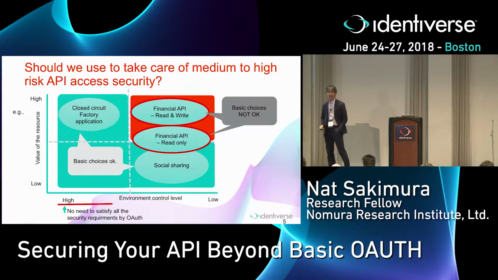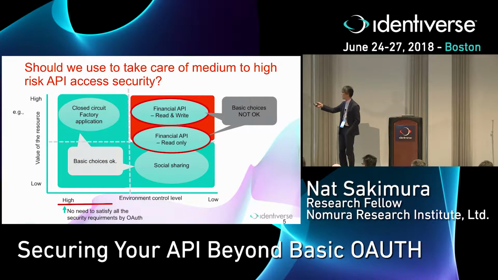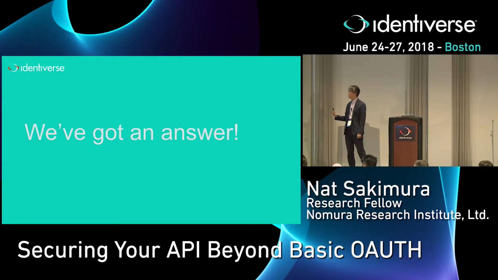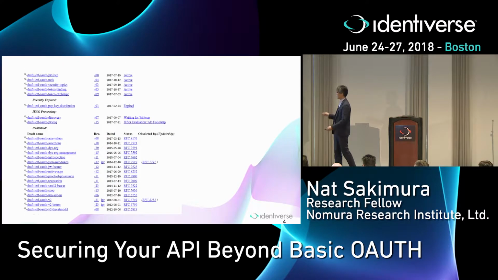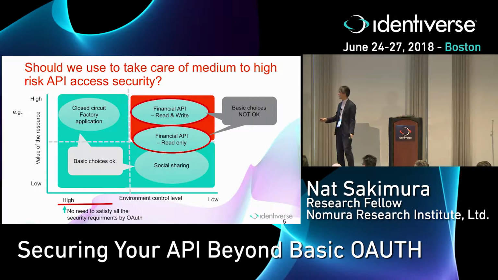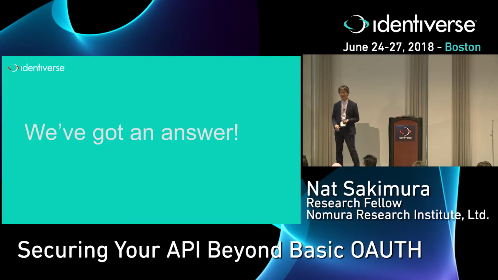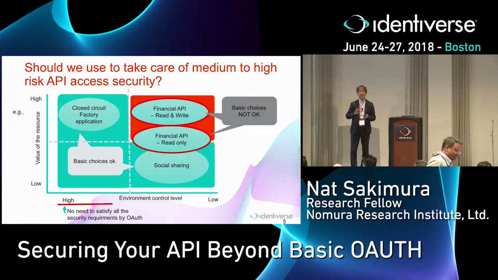In this diagram, I have depicted the horizontal axis as the high to low environmental control. On your left is the high environmental control, like in a closed circuit system. On your right, the low environmental control, but the internet is a low environmental control place.